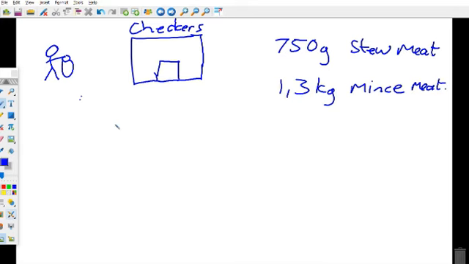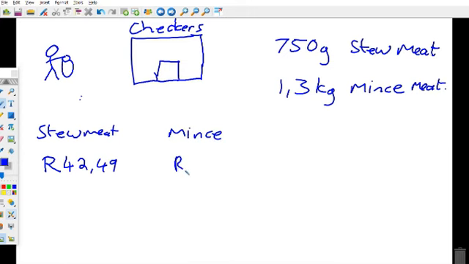Now, stewing meat costs, let's say, 42 Rand and 49 cents for stewing meat. And mincemeat is a lot more. How much does mincemeat cost?